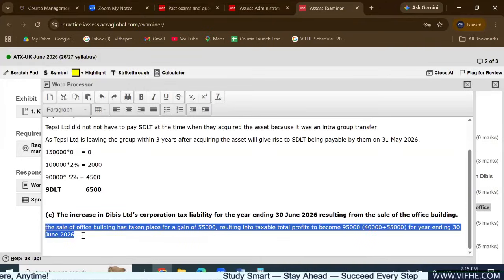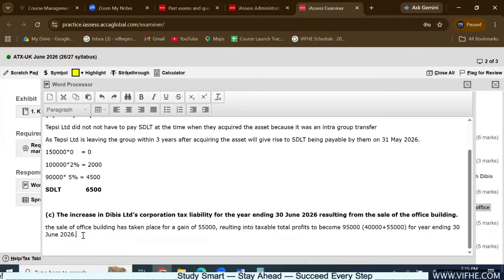Now, you are already familiar with the corporation tax rates. If a company has augmented profit equal to or below 50,000 pounds, then small rates would apply. In between 50,000 and 250,000, we shall be applying the marginal rate, and afterwards we shall be applying the main rate.